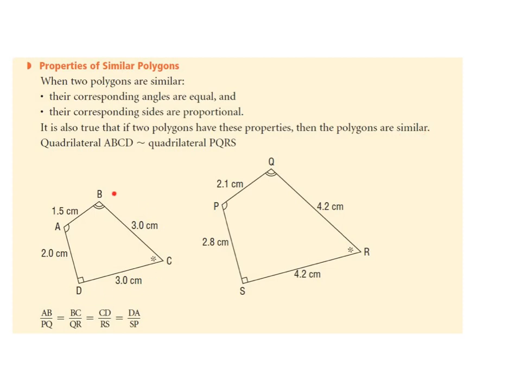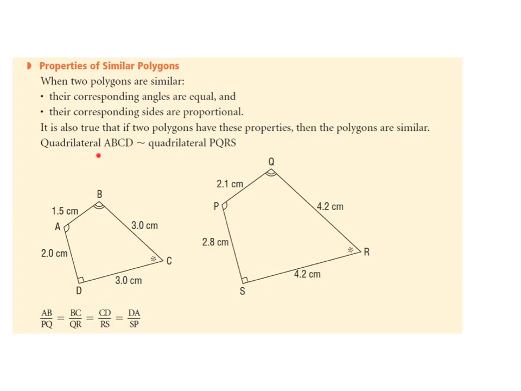So if we look at this example here, we have quadrilateral ABCD, which is this one here. And this little squiggle mark here means that it is similar to quadrilateral PQRS.